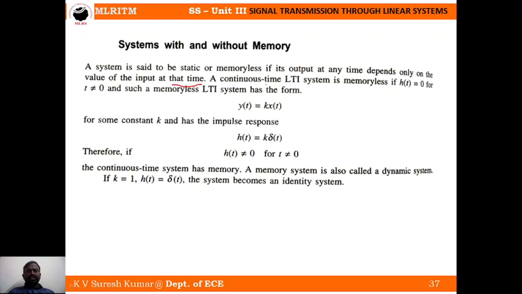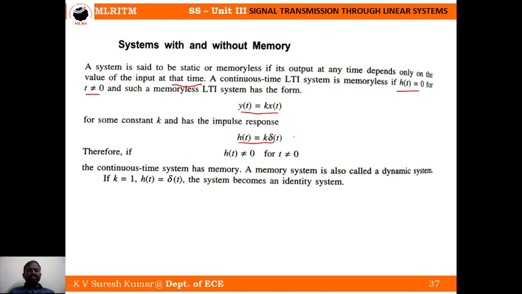A continuous time LTI system is memoryless if h of t equals 0 for t not equal to 0, and such a memoryless LTI system has the form y of t equals k into x of t, where k is some constant. The impulse response can be written as h of t equals k into del of t.